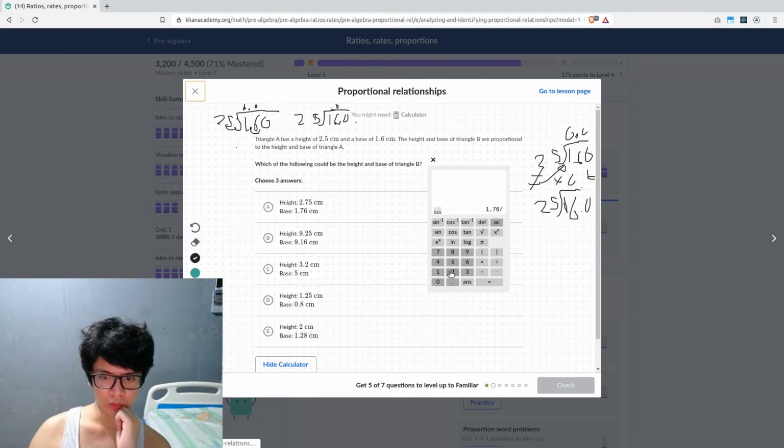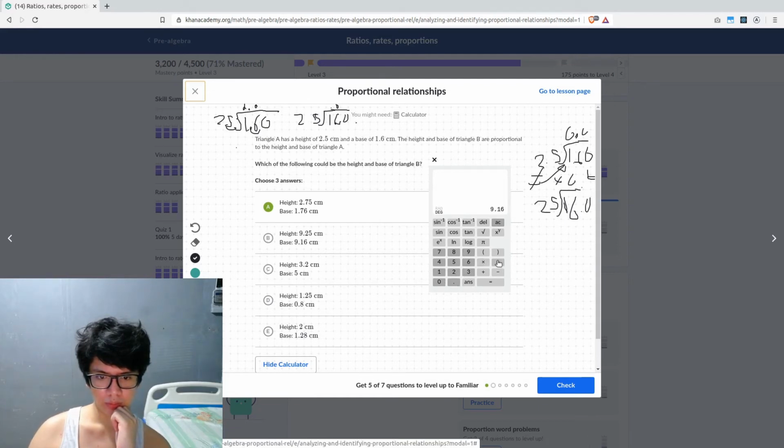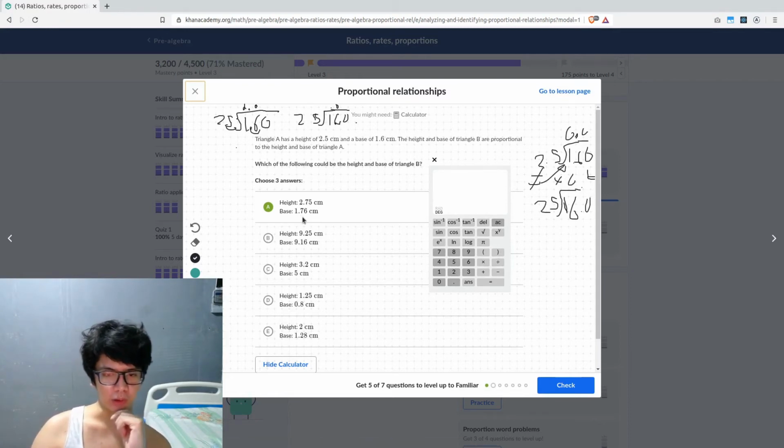1.76 divided by 2. Okay, this one works. 9.16. Clearly not. So the base should be smaller. No, this is smaller. 0.8 divided by 1. This is really a process of elimination, I guess. So 1.28.